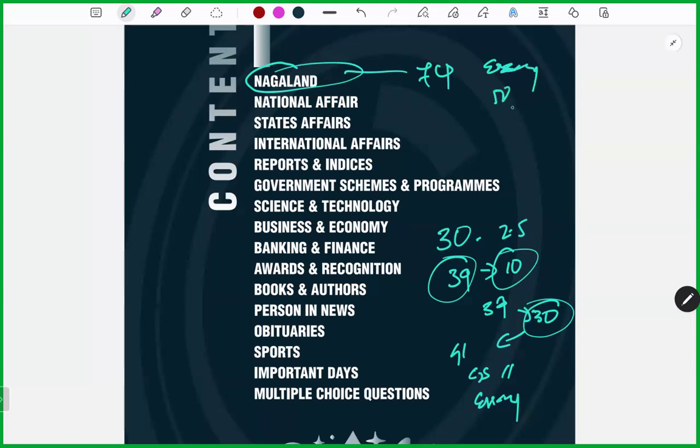Sometimes it asks for 50 or even 100 marks. So you will need the latest current facts, figures, and data of Nagaland to write your GS paper 2 and essay.